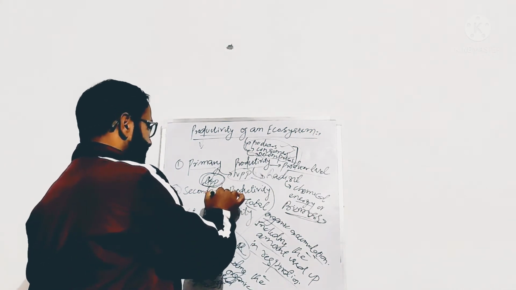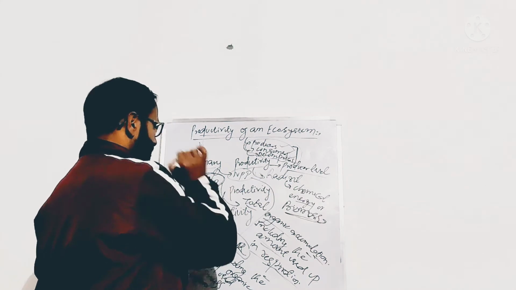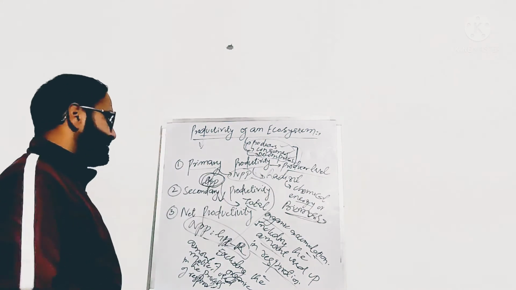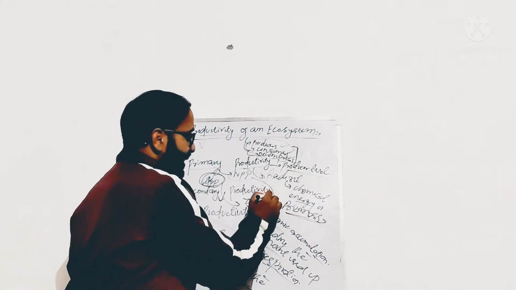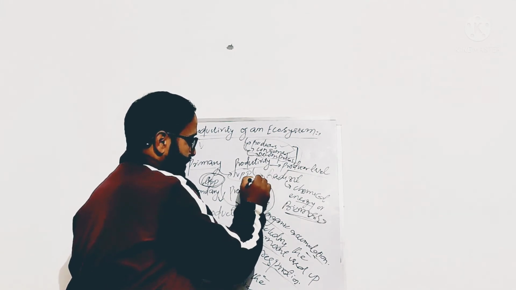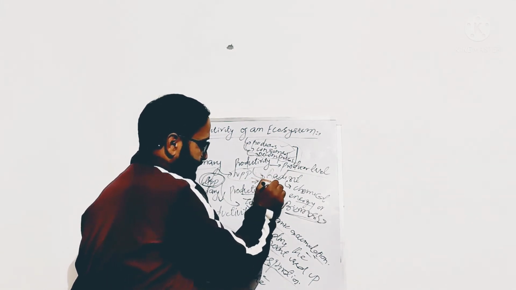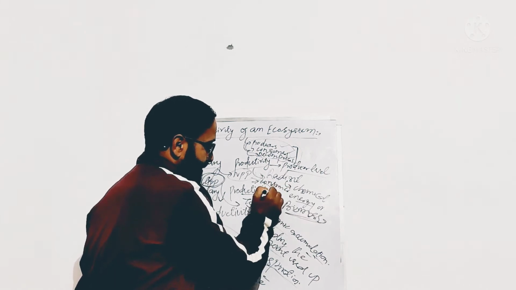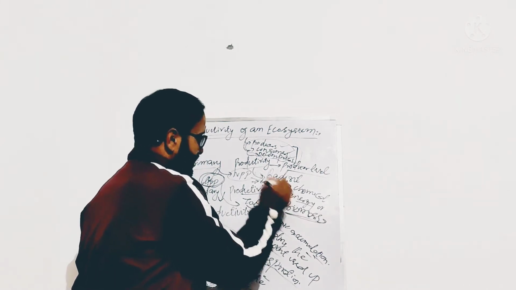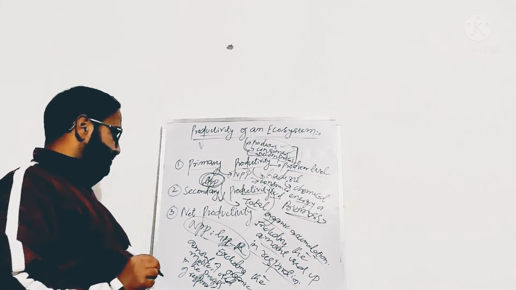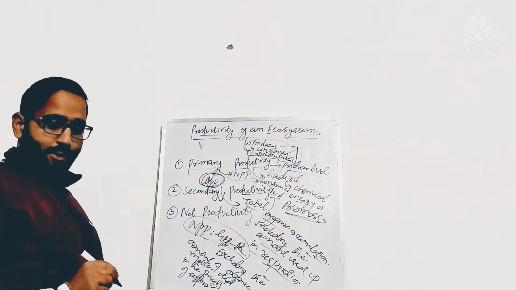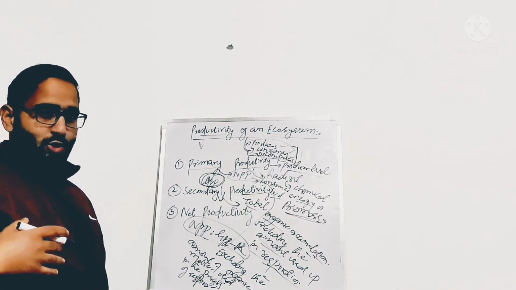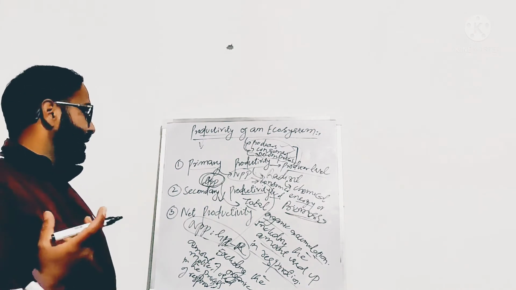Now the second is secondary productivity. This secondary productivity is at consumer level. So the secondary productivity will tell us about the amount of organic matter accumulated at consumer level.